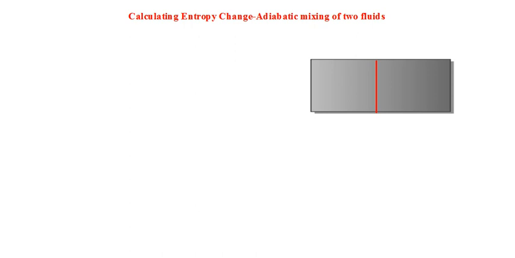This is yet another common type of problem you may come across. We have considered the adiabatic mixing of two fluids and finding the final resulting temperature. So we extend this problem into the entropy change calculation.